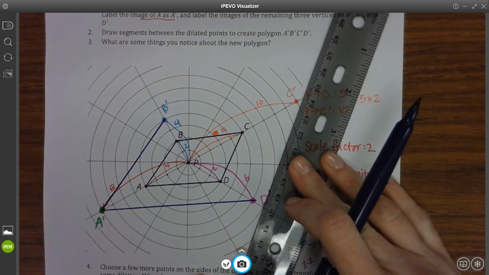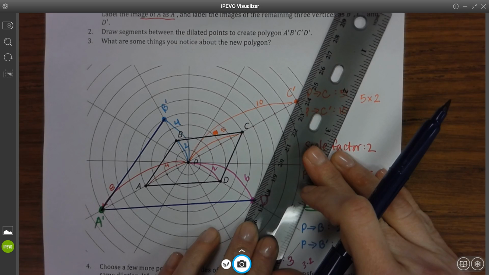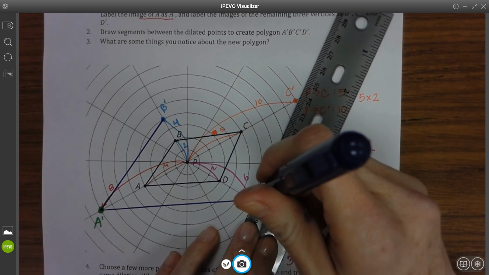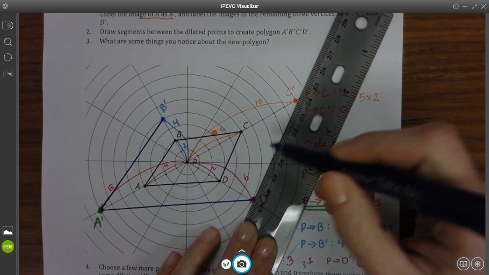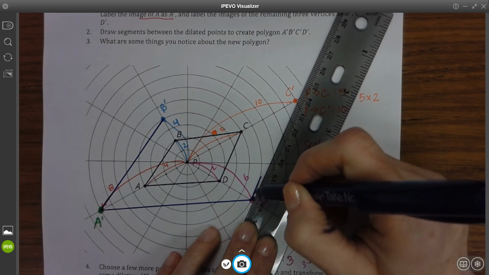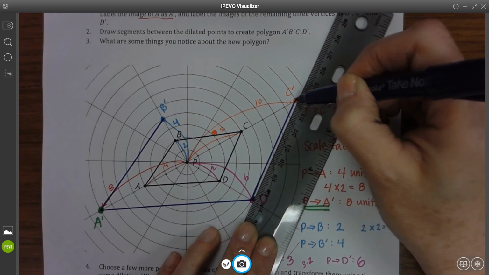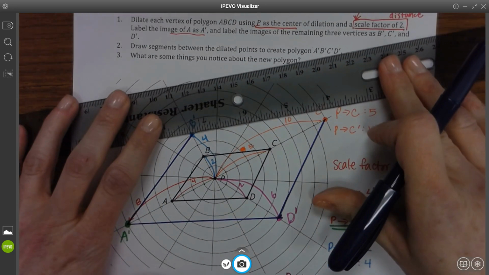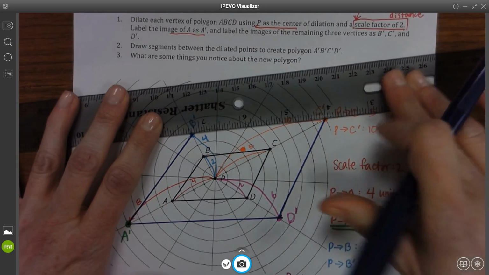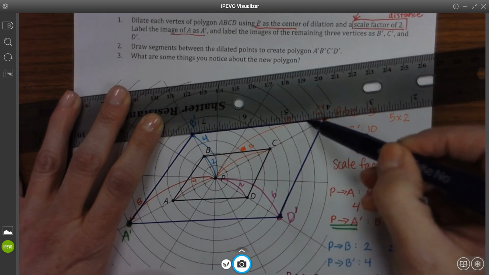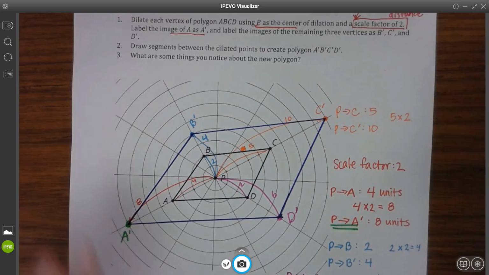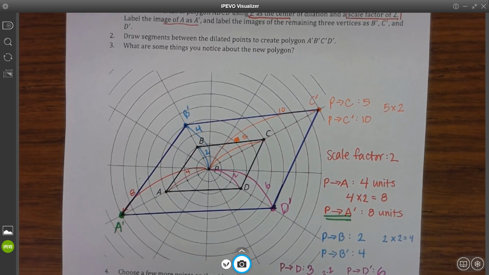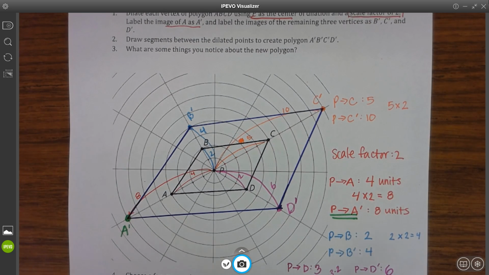Do not do this freehand. Use a straight edge. And also make sure that you're being accurate. We want to go to where the grid lines cross, right? And there's our new polygon.